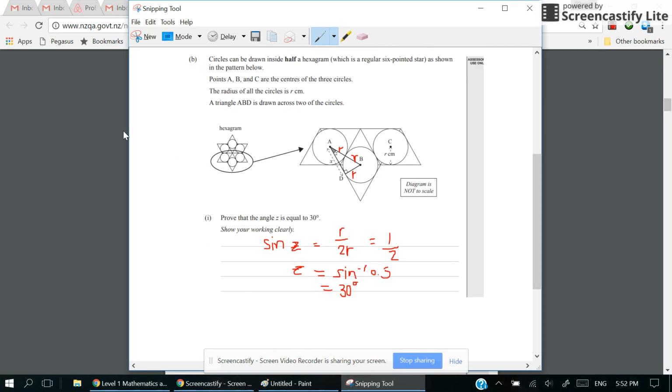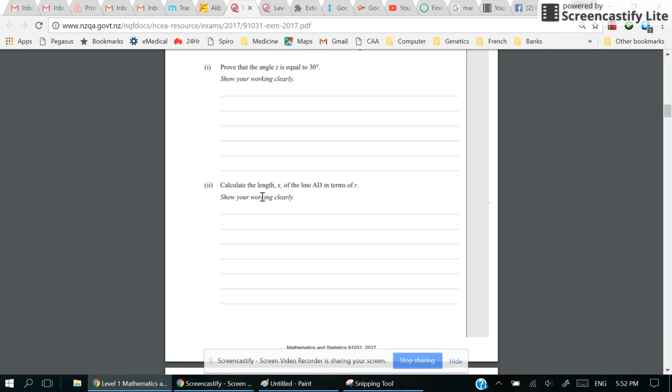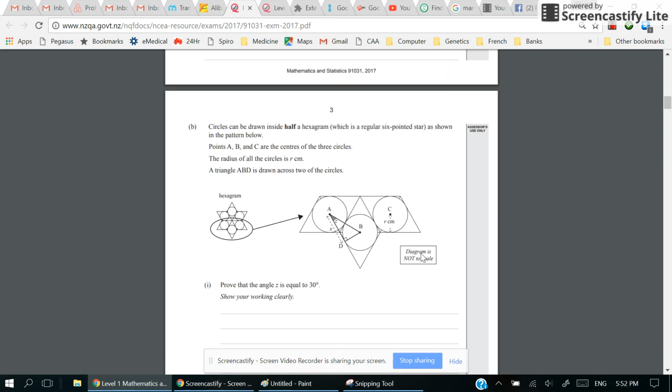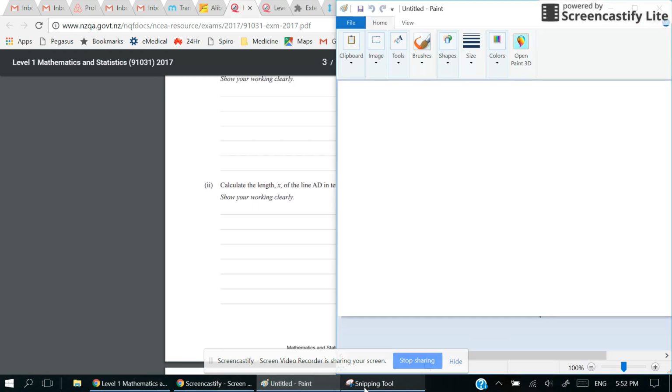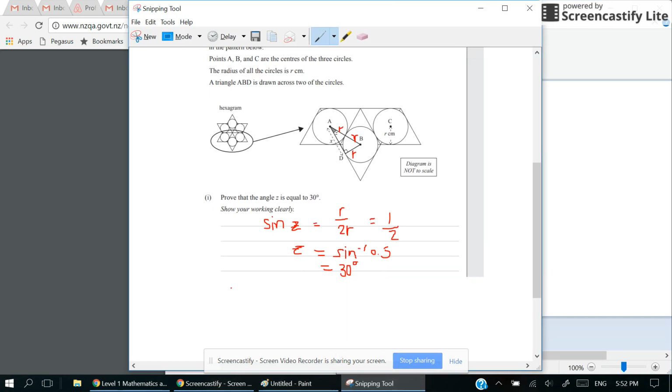The next question would be: calculate the length x of the line AD in terms of r. Calculate x, which is this, in terms of r. We know it's a right angle triangle, so from the Pythagoras theorem, the sum of the squares of these two sides equals the square of the opposite side.